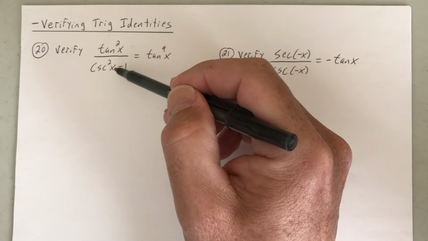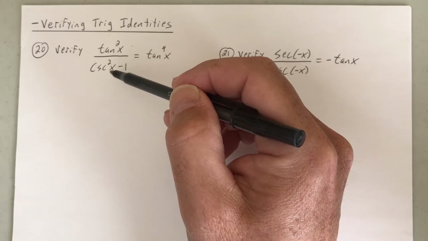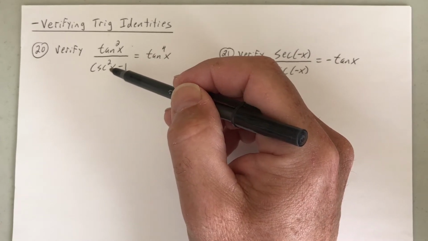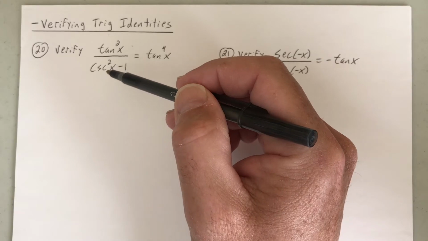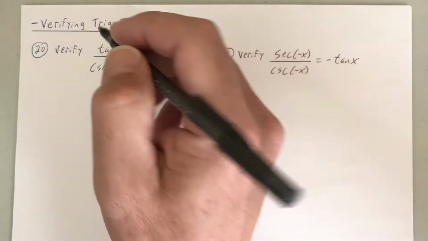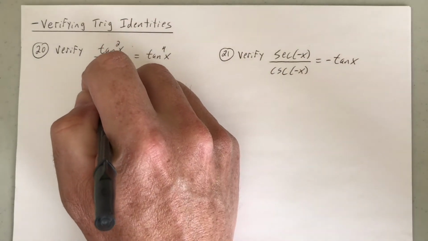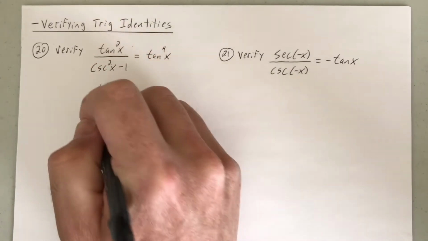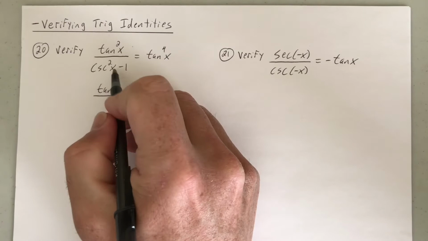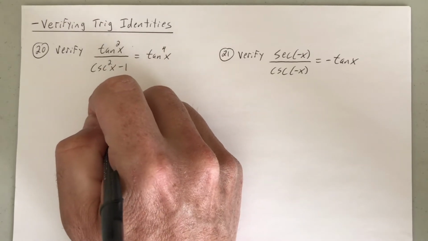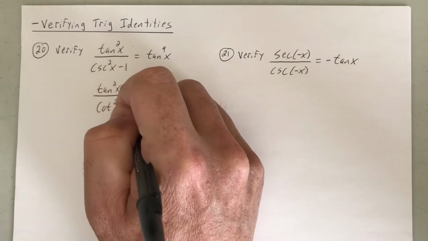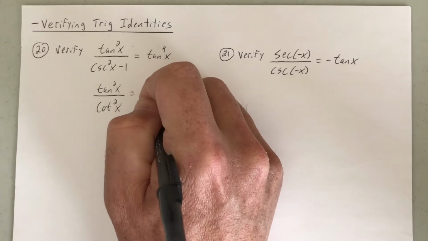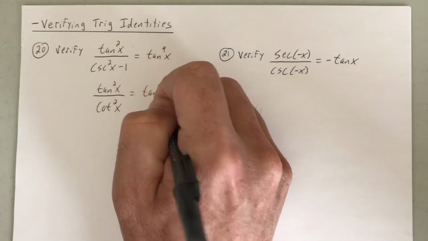If you look at cosecant squared x minus 1, think about your Pythagorean identities, and that is equal to cotangent squared x. Let's go ahead and do that because we have a tangent squared in the top. By changing out this identity to a cotangent, we're getting closer to just tangents. That's equal to tan to the fourth x.